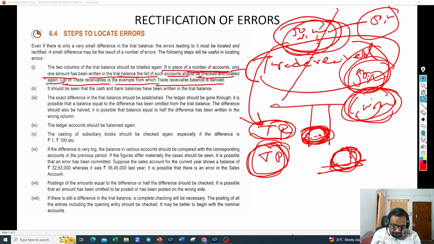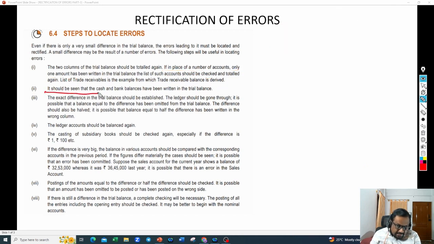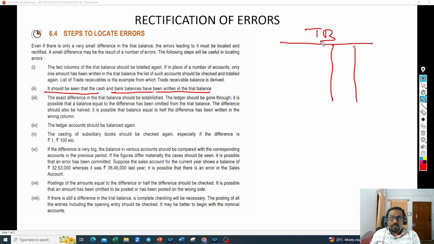Next, it should be seen that the cash and bank balances have been written in the trial balance. When I prepare the trial balance, at times we forget to write the cash balance, CB, or the bank balance, BB. We forget to bring them into the trial balance. There is a possibility. These are all common mistakes people can commit.